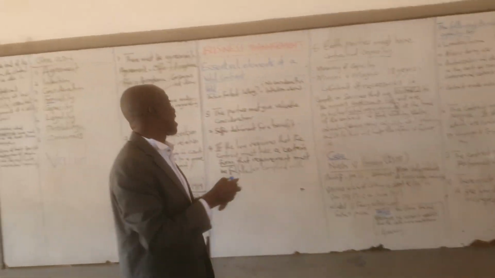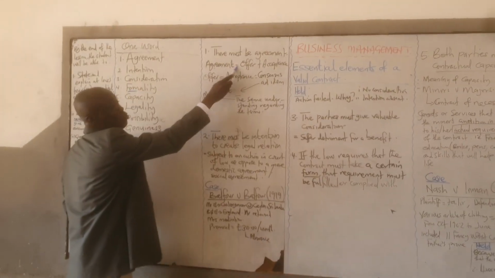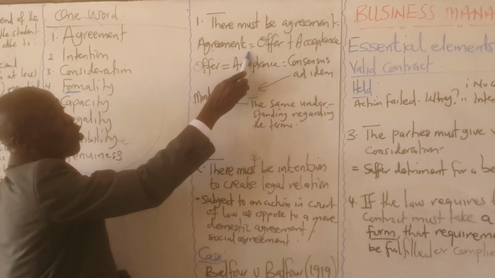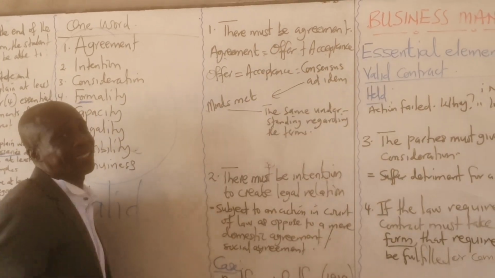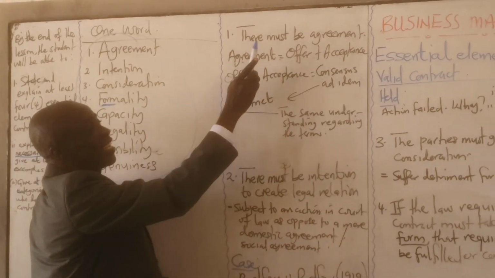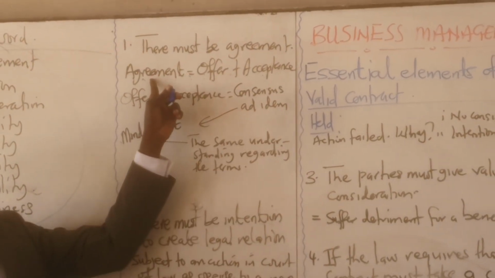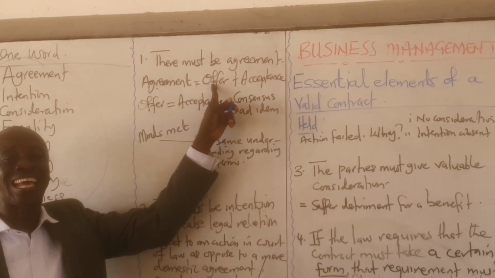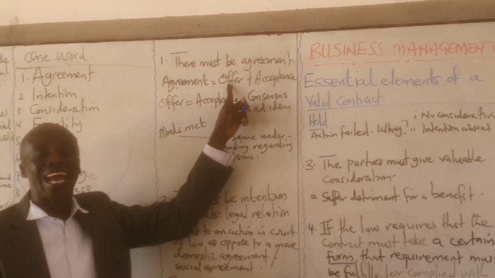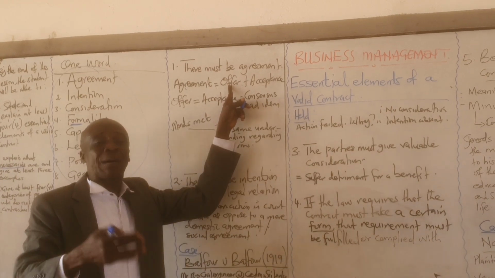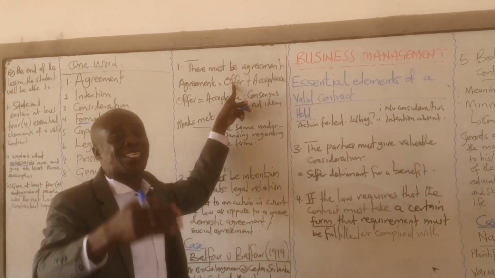So I have done this, I said agreement is equal to offer plus acceptance. That means when you say there is agreement, it means somebody has made an offer. Somebody has made a proposal to buy something. Or somebody has made a proposal to sell something.